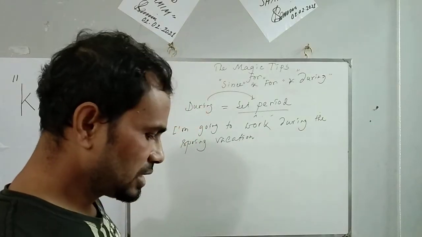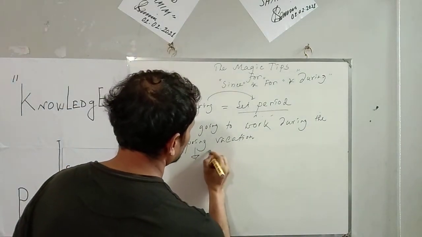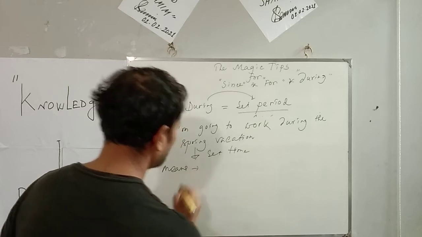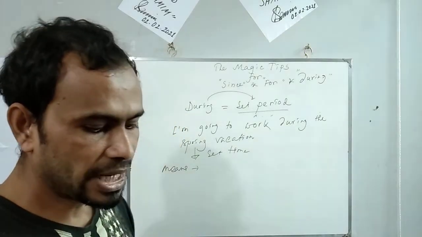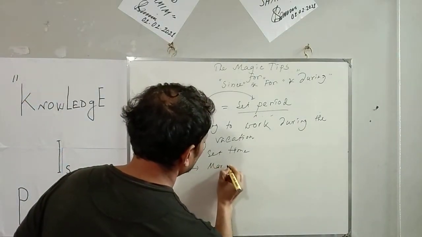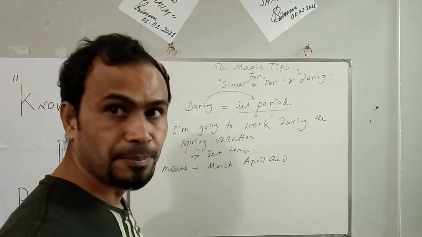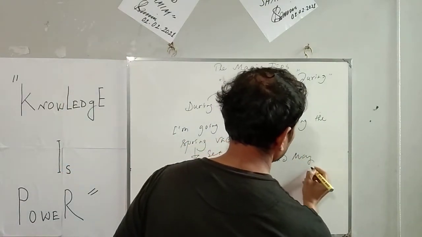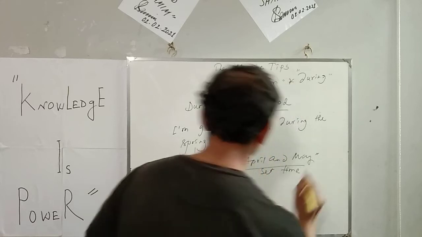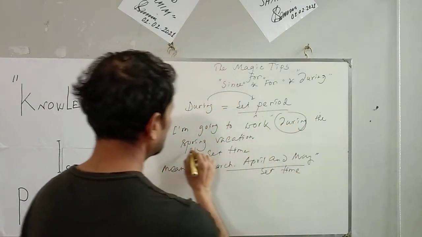So spring is a set period, set time. Set time means March, April, and May. Okay, it is a set time. That's why we use during before spring.